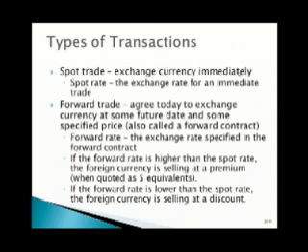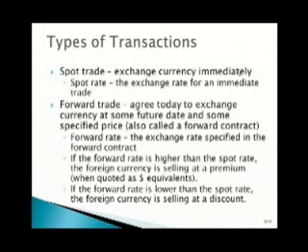Let's look at some types of transactions. Two types. First, spot trade. Spot trade is the exchange of currency immediately, and the spot rate is the exchange rate for an immediate trade. So right now I want to trade dollars for yen. A forward trade is an agreement today to exchange currency at some future date and some specified price, called the forward contract.